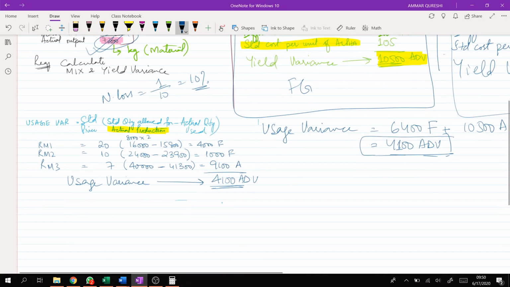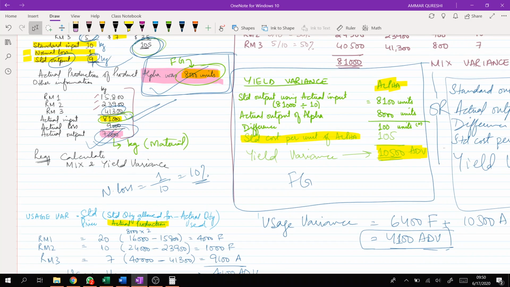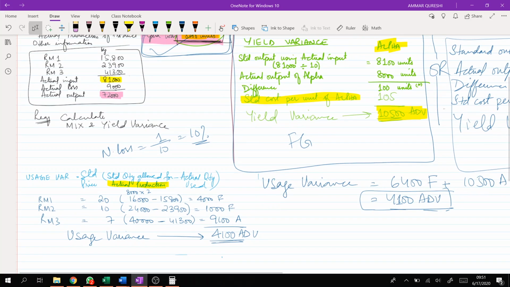Right? Just one last point. In case this 8,000 is not given, and the examiner has just given you this box, how will you calculate usage variance through that?